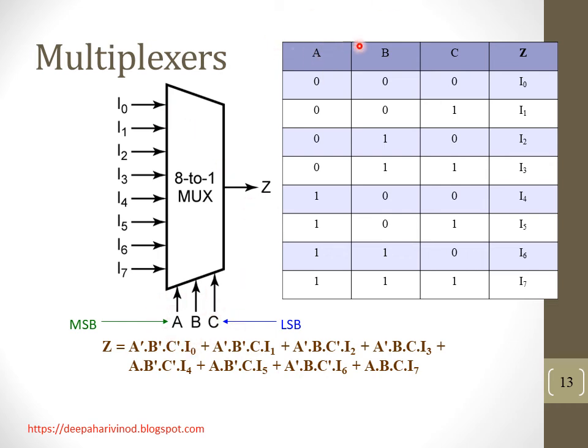Say select lines are A, B, C, and when all 3 inputs are 0, I0 will be connected to Z. Whatever the data in I0, either 1 or 0, it will appear at this Z. In the same way, for 001 I1 gets connected, 010 it is I2, 011 it is I3, 100 it is I4, 101 I5, 110 I6, and finally 111 I7 will be connected to Z.